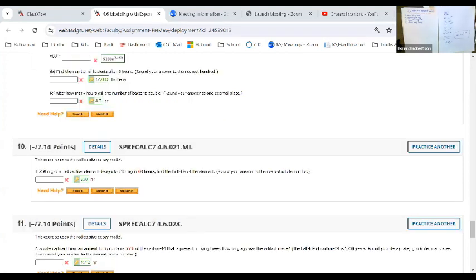Just want to make sure that we're in the right place. Okay, looks like maybe the battery is going on my poor little mouse.